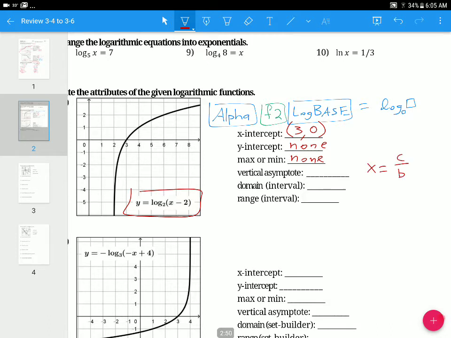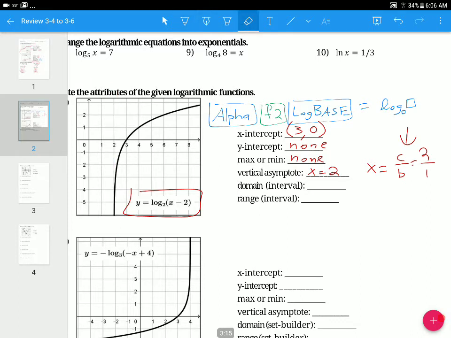Again, your c is 2. Remember, you got to flip that sign, and your b value is the 1 in front of x. So if you're using your chart, that's positive 2 over 1, which is just 2. So in this case, x equals 2. Or if you're using your graph, you can say, look, it's right there at x equals 2.